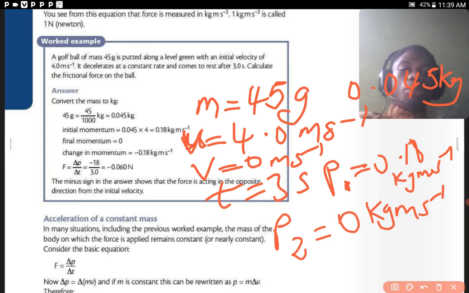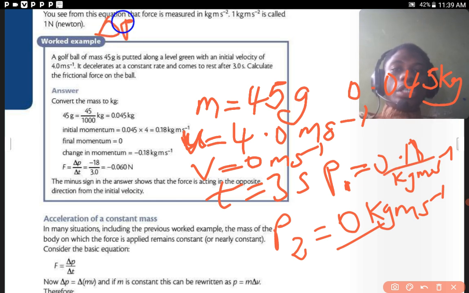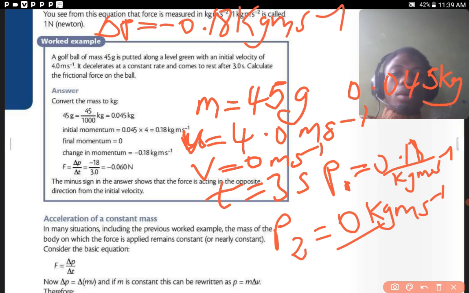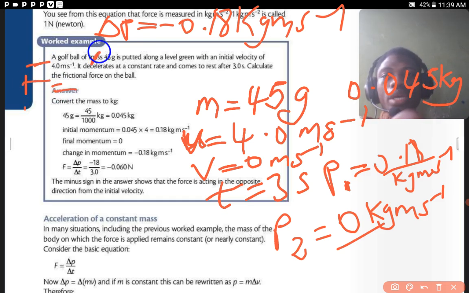So what is the change in momentum? Final momentum minus initial momentum, which is 0 minus this. So delta P, the change in momentum, is equal to negative 0.18 kilogram meters per second. Remember, according to Newton's second law of motion, the force is directly proportional to the rate of change of momentum. So the force F is equal to delta P over delta t.